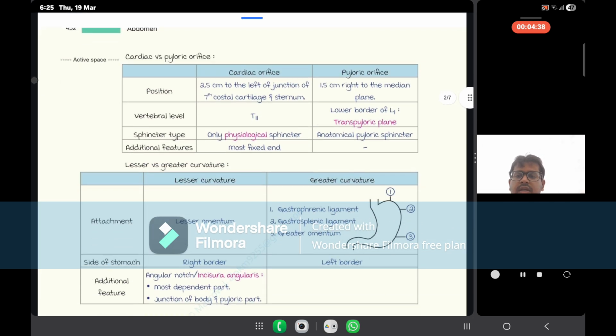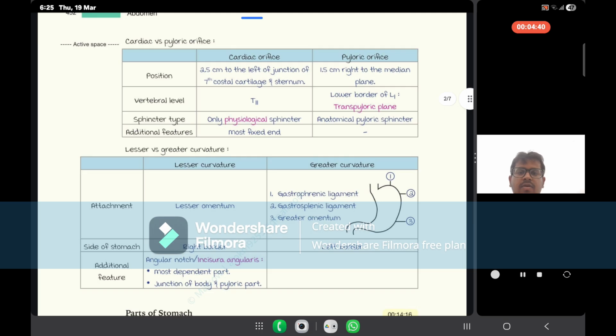Now we start with the next topic: if we are given the viscera of a stomach, how will we know which is the cardiac orifice and which is the pyloric orifice? For the position, we have 2.5 centimeters.